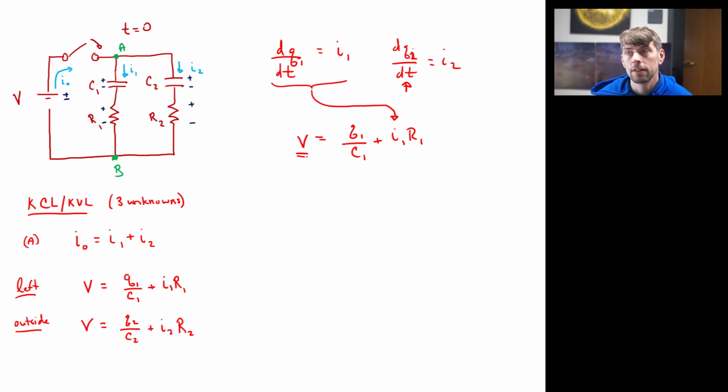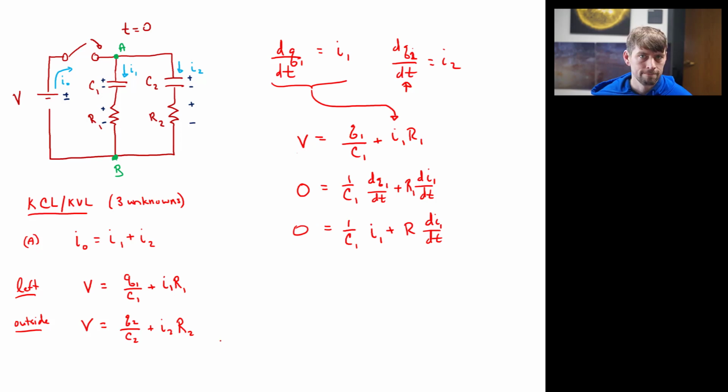Because this is a constant, we get 0 equals 1 over C1 times the derivative of Q1 plus R1 times the derivative of I1. Now I will substitute in the fact that the current is given by dQ/dt. And so I end up with 1 over C1 times the current I1, plus R1 times the derivative of the current, equals 0.